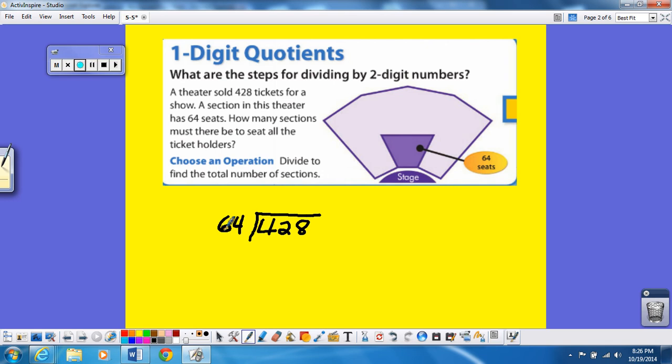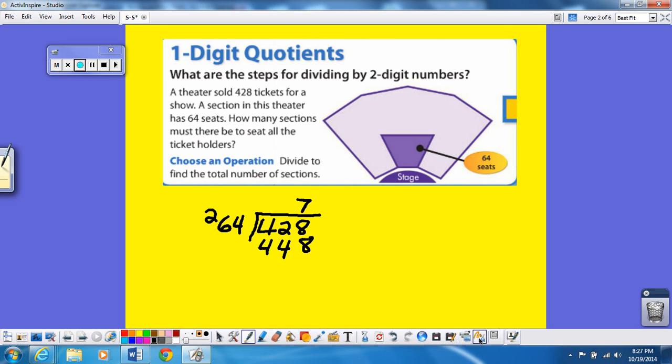So if we were saying 6 into 42, that would be 7 times, because 6 times 7 is 42. But if you notice, if we stick a 7 here, 7 times 4 is 28. 7 times 6 is 42, plus 2 is 44. 448 is larger than 428, so we know we can't do that. So now we have a good idea of what our quotient is going to be.